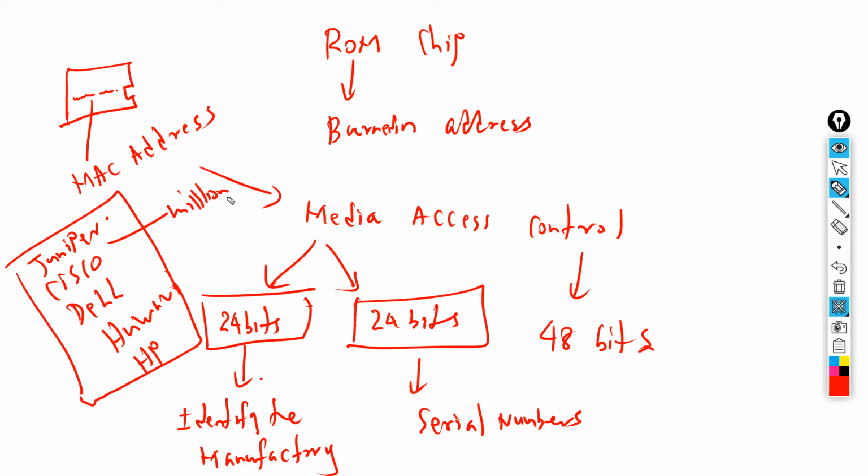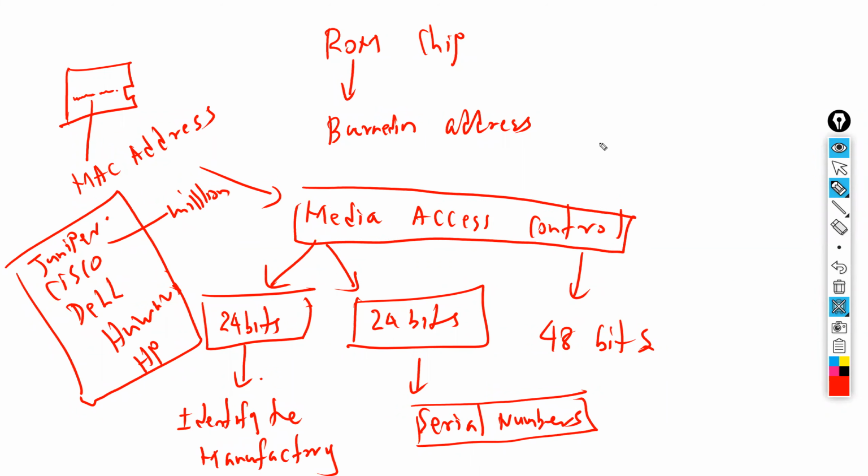So to identify one network card out of the millions, we go with the serial number. That serial number is represented by the last 24 bits. So that's how the media access control, or MAC address, is formed.